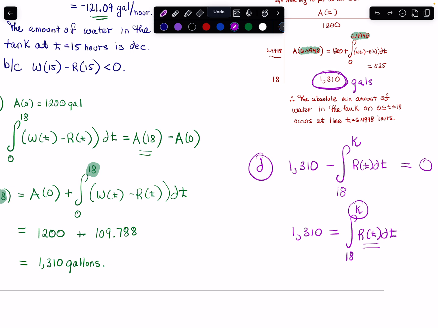Either of these two equations that I wrote, they both say the same thing, but when you construct them, you think about them a little bit differently. If I put either of these two down on my paper with the k as the upper limit of integration, that time k they're talking about, you would get full credit for either.